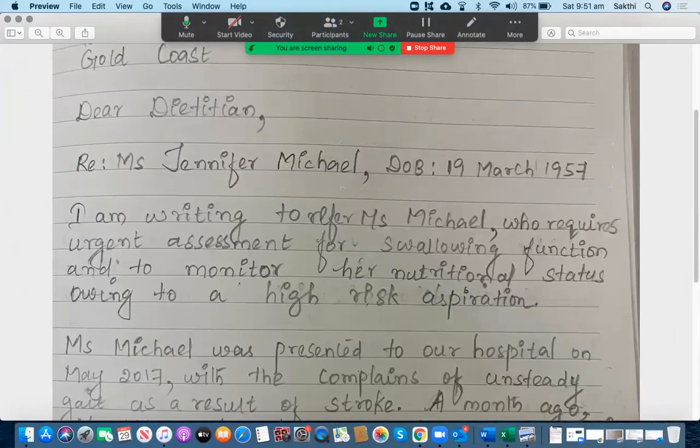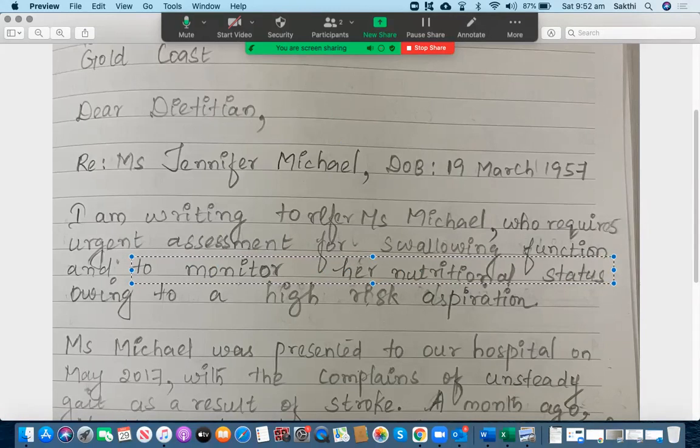I'm writing to refer Miss Michael, who requires urgent assessment for swallowing function. Let's say you are writing down for swallowing function. So you have to use the same form here as well, otherwise it's wrong.